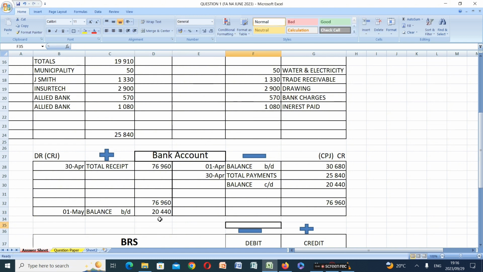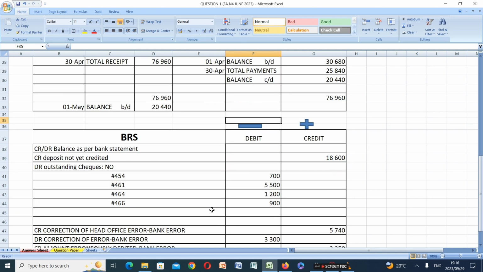Please be sure to write this balance brought down, because this is also a mark. If you forget to write it, you're going to miss out on the mark you're supposed to get. So balance brought down is this balance carried down, just bring it down for the next month. We are done with our bank account.